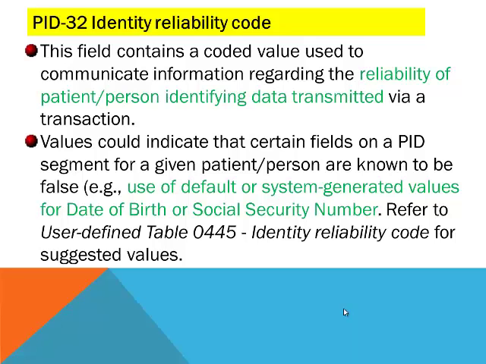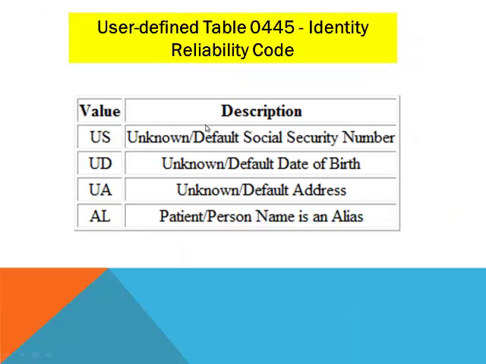In fact, the identity reliability code is shown in table 0445. If we go to here, this is the table, which has different values. If it's US, that means unknown, default social security number.